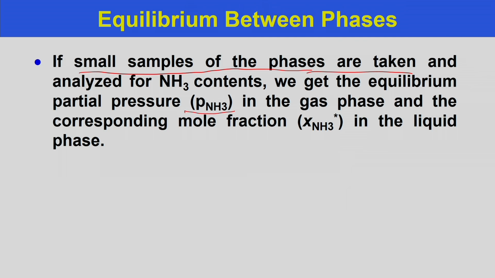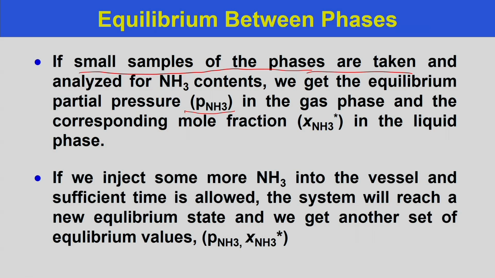Taking a very small amount from the gas phase as well as the liquid phase, we can analyze the partial pressure in the gas phase of that component, where small p NH3 is the partial pressure of ammonia, and the amount dissolved corresponding to this partial pressure, the mole fraction of ammonia in the liquid phase, is defined as small x NH3 star. So, this is the equilibrium value at that temperature and pressure in the liquid phase, that is x NH3 star.